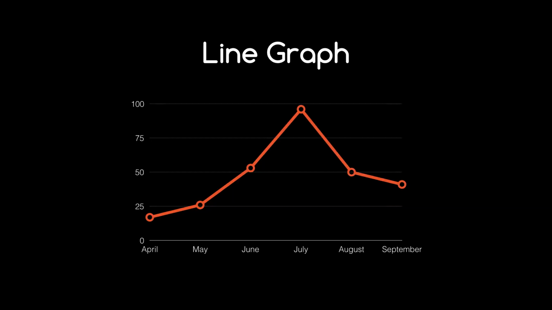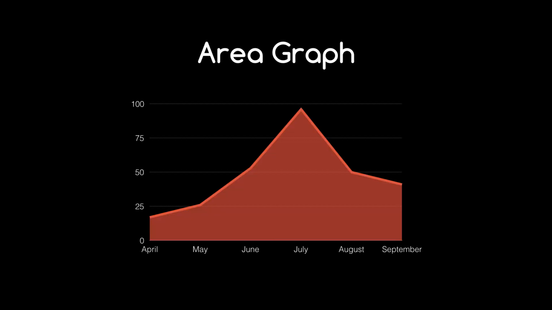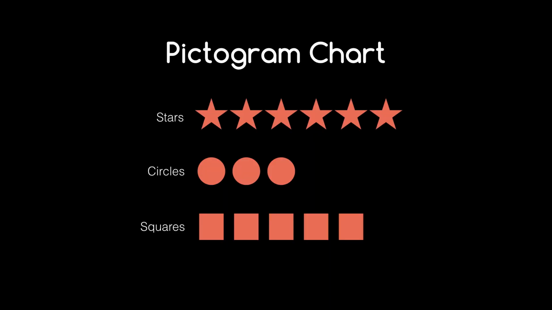Next we have a line graph, and that's used to show trends over time through the line's journey going up and down across the graph. An area graph is pretty much the same as a line graph, just with the area underneath the line colored in. We have here a pictogram chart, and in this chart icons represent a unit.